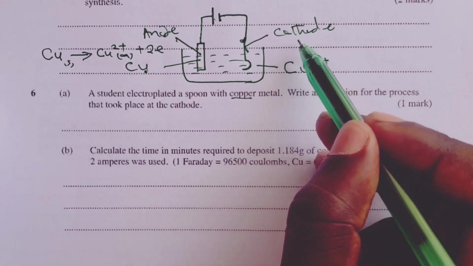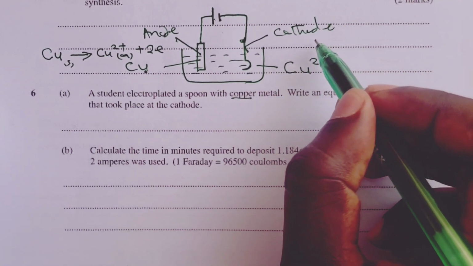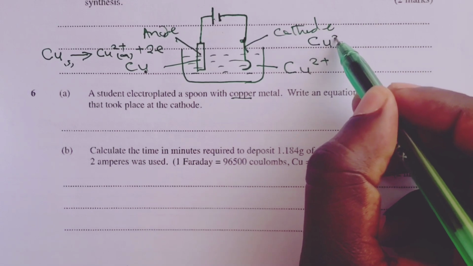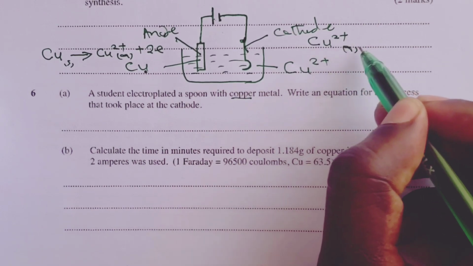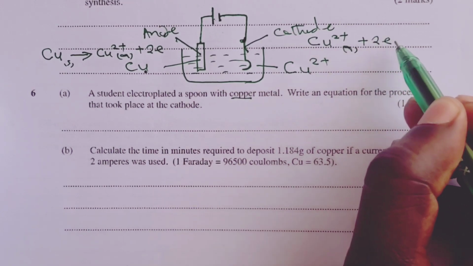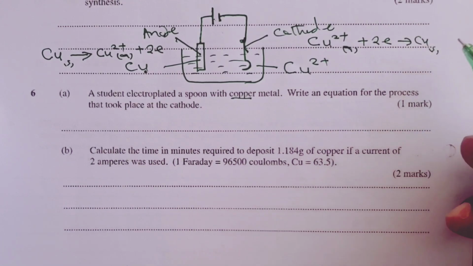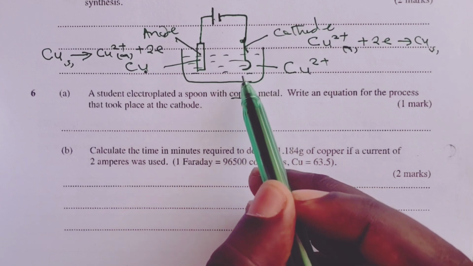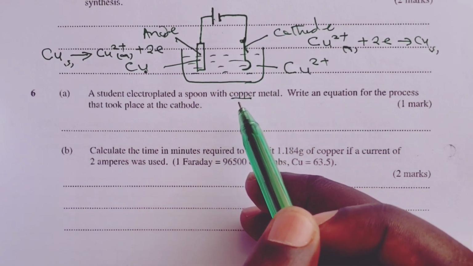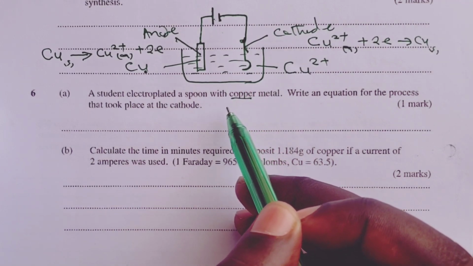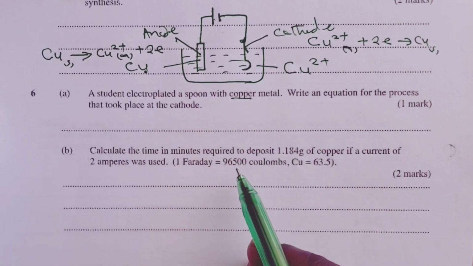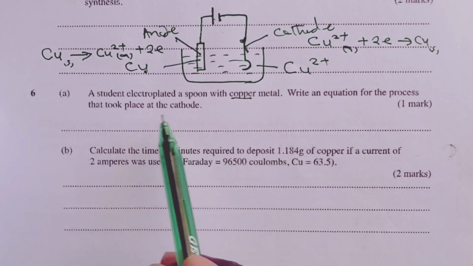At the cathode, we shall have reduction taking place. So the copper ions in solution shall accept 2 moles of electrons to form copper metal, which then deposits on our spoon. So once a candidate has understood this process, we can now go ahead and answer our question.